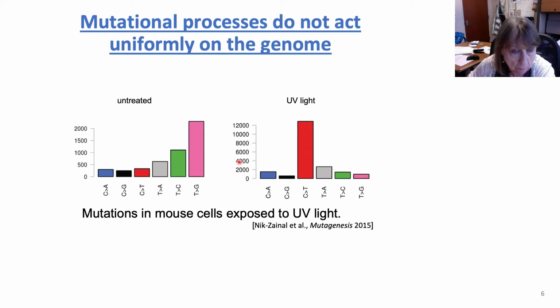Not only do you have many more mutations associated with UV light exposure, but you can also see that those mutations do not have the same distribution as the mutations before the exposure.